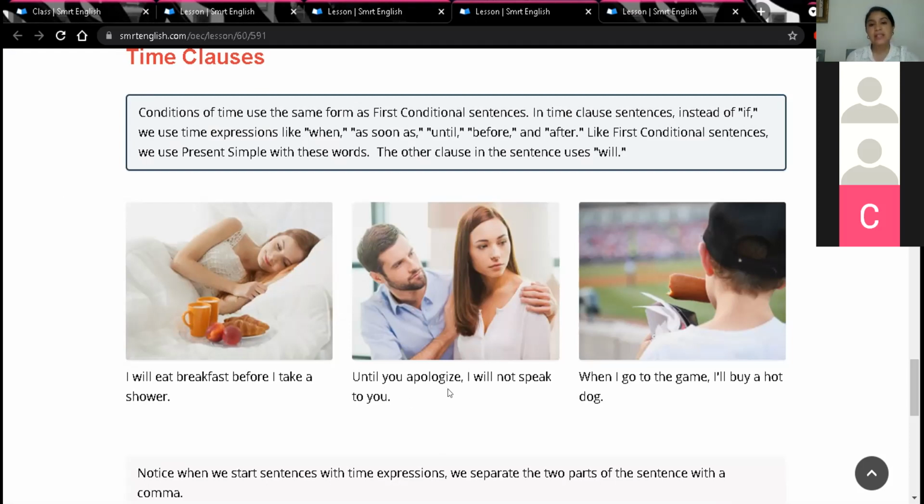Until you apologize, I will not speak to you. When I go to the game, I'll buy a hot dog. So if you see, using these time expressions, I'm showing you when the result is gonna happen, or when I'm gonna do that action. And using if, I'm not saying exactly when, I'm just saying that it is a possibility. Yes?